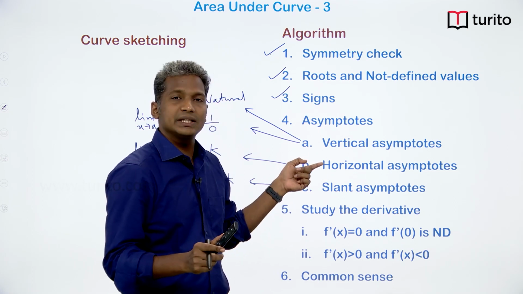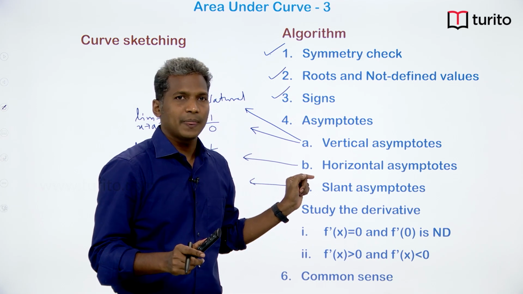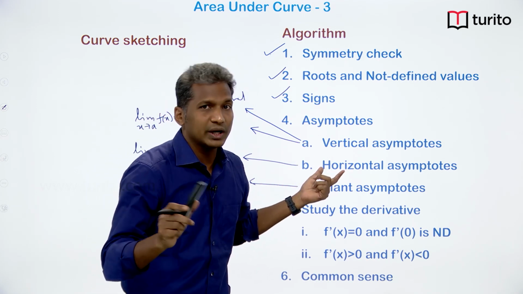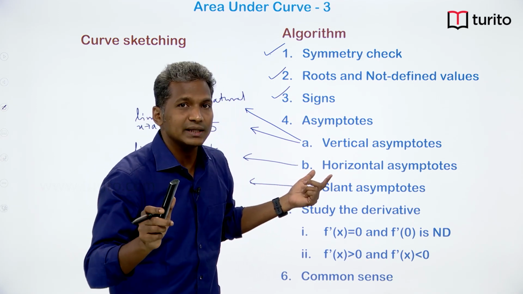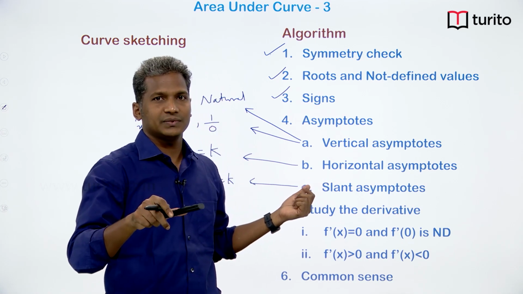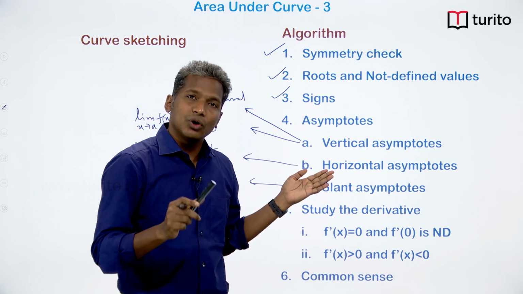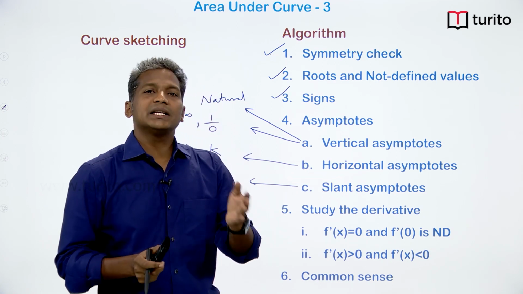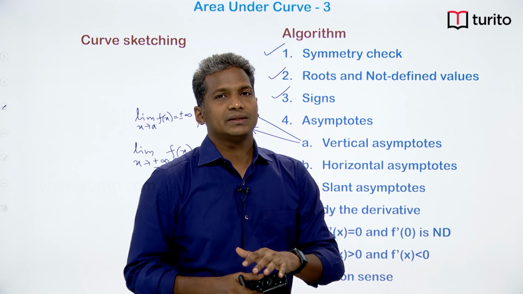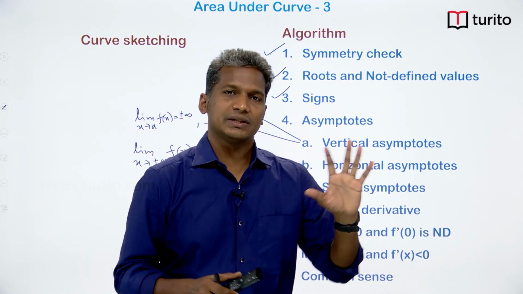If horizontal does not exist, there is no guarantee that slant will exist. That means when horizontal asymptotes do not exist, slant asymptotes may or may not exist. That may change depending on the situation.